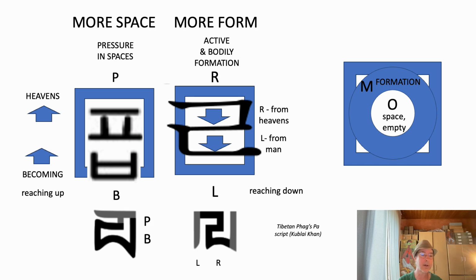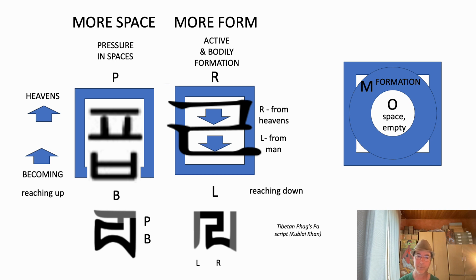You can see it down there in a very old script, as if they were split at some point. The B is from underneath, the becoming of yourself, reaching up, reaching towards the ideals, and the P reaches the heavens, or it's like the pressure in a space, and at the end you get something that comes out of it, and you have a new idea that you can use.